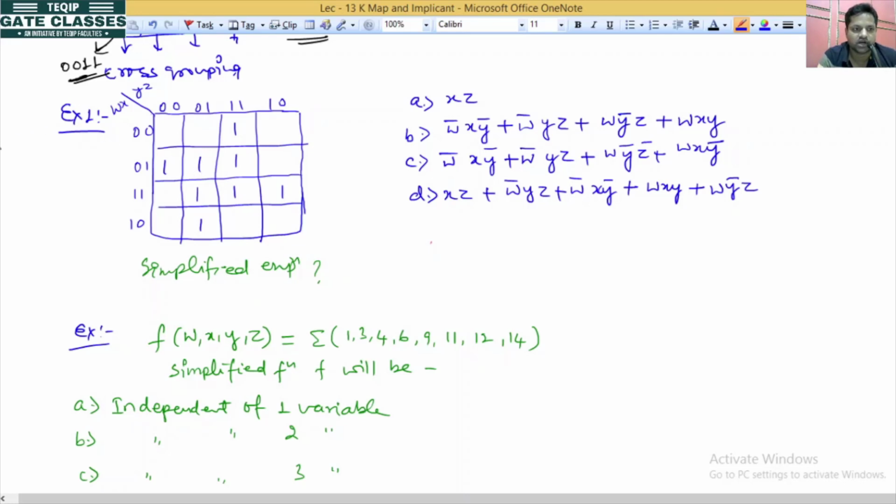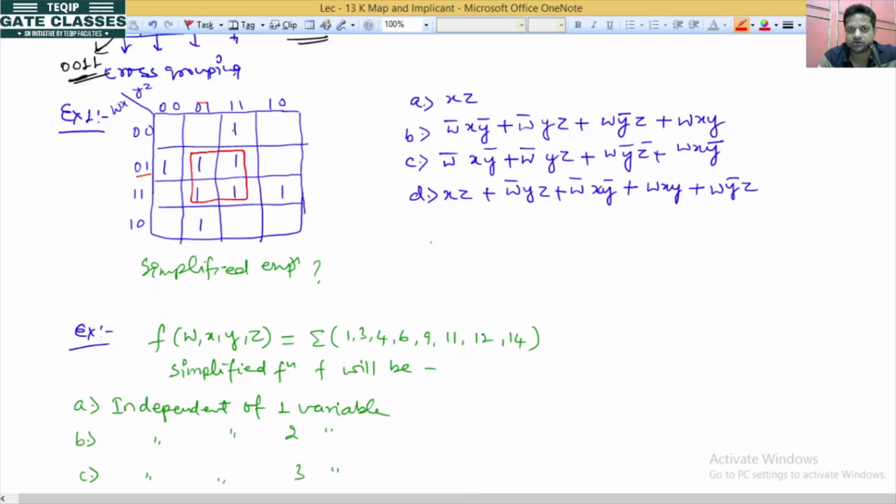If we go for the quad, it can be grouped together because all are adjacent. After that, is any other quad possible? No, you cannot make another quad. So next is pair.